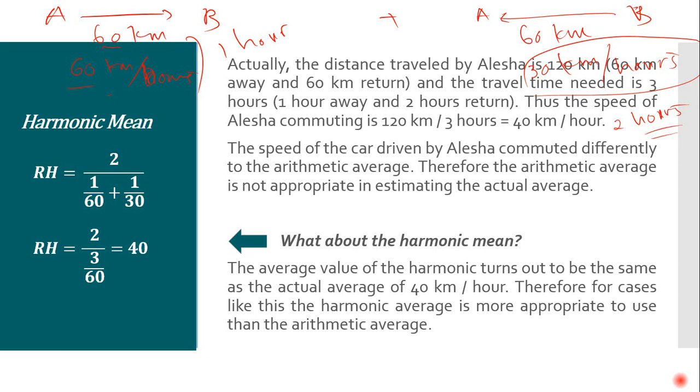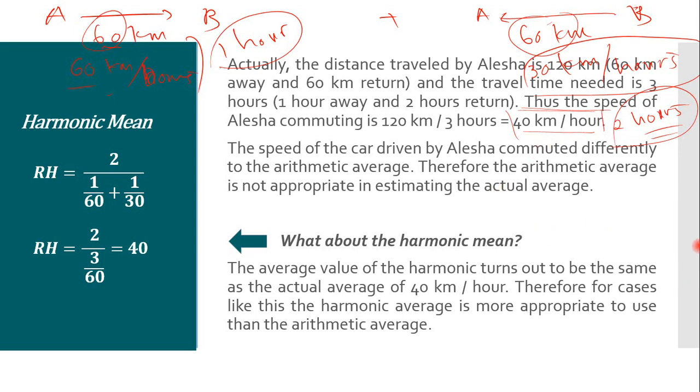Thus the speed of Alessa commuting is 120 km in 3 hours, so the average should be 40 km per hour.